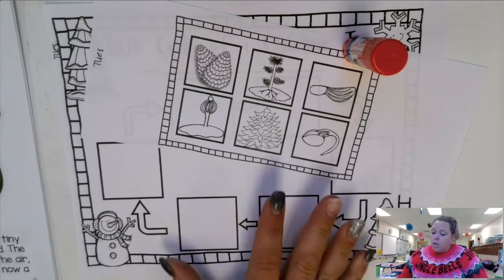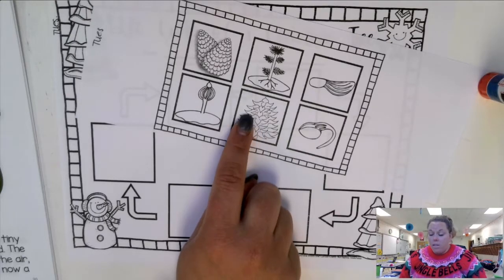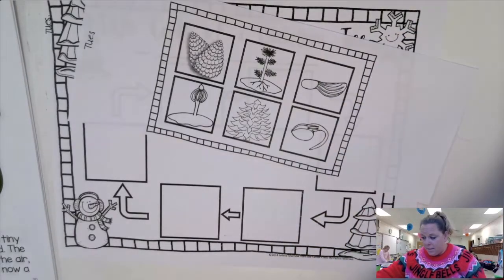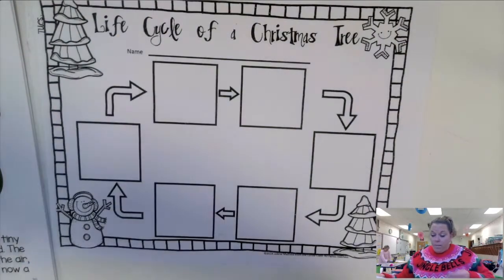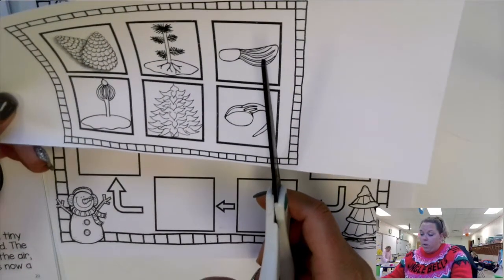Okay, so I would like you please to actually color these in first. Once you have them colored in, then you can go ahead and glue them in the correct spots. So if you need to pause, you're going to go ahead and pause your video. Now, I'm going to cut my squares.